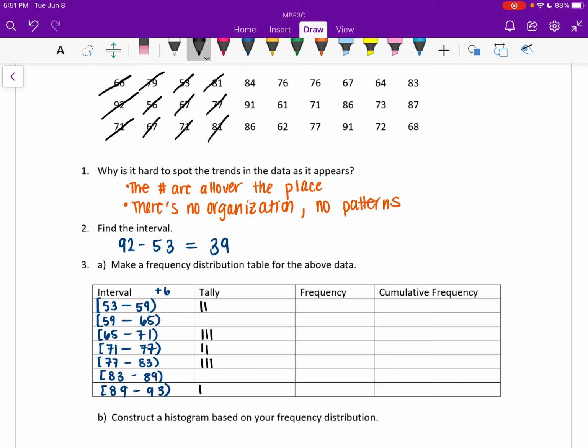And it's important. So notice how that was 77. This set of data doesn't include the 77. This one does. So just be mindful of where you put it. Okay? I did 81. 84 goes here. 91 goes here. 86 goes here. 76 goes here. 61 goes here. 62.